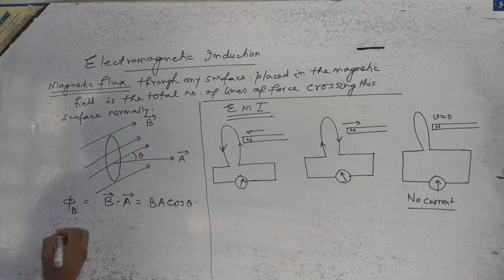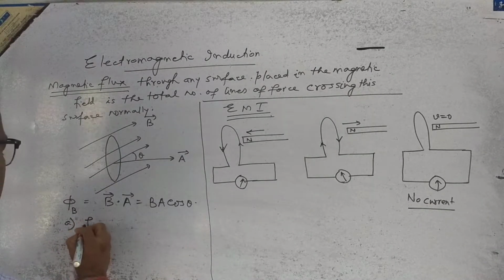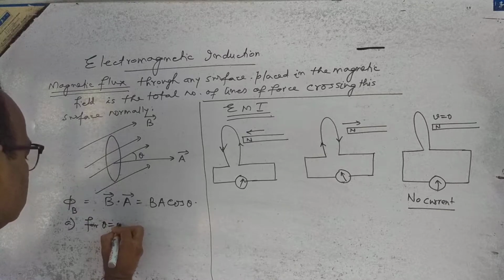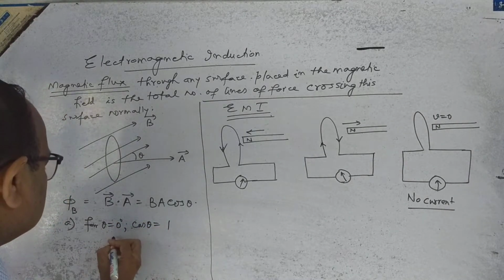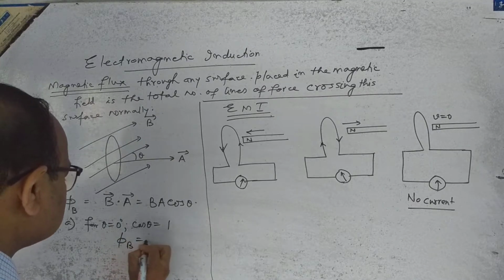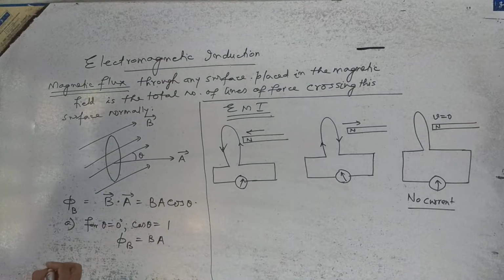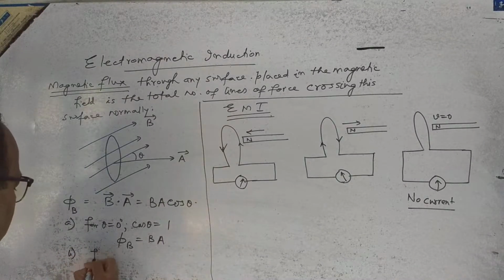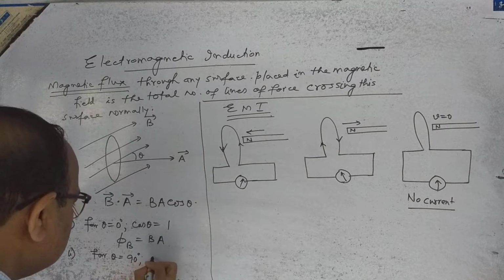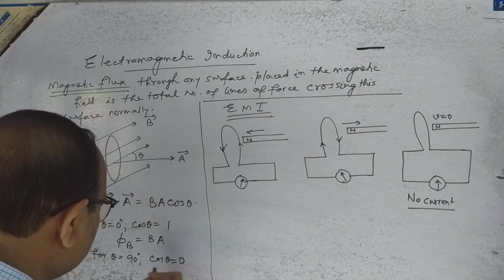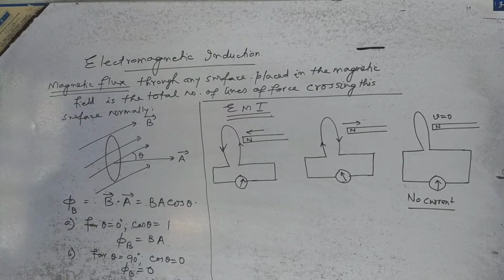That means, can we say the three cases? There may be, for theta equal to 0 degree, cos theta equal to 1, so phi B must be B into A. Then, second, for theta equal to 90 degree, cos theta equal to 0, so phi B must be 0.